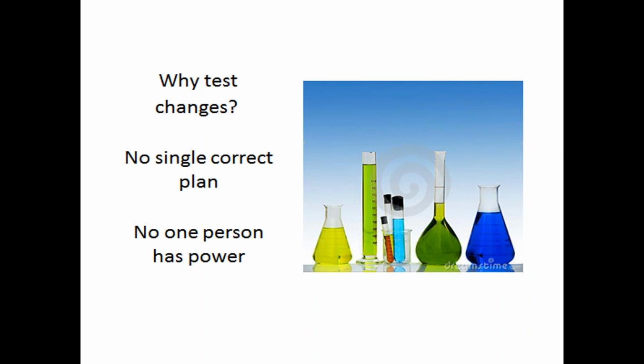So if you want to improve a process and you simply change the paperwork, that may help improve the process, but it maybe won't improve it to the point where we've made waiting times 70% higher or lower. So there's no single correct plan. So we need to test those things out, and no one person has the power.